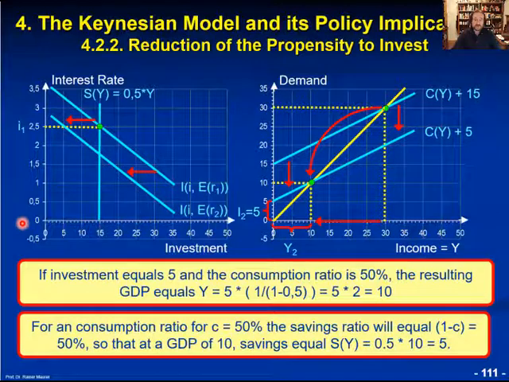However, given the lower equilibrium level of GDP, 10 units only, savings will now fall to a level of 10 GDP units times the savings ratio of 50%. And this results in a savings level of only 5.